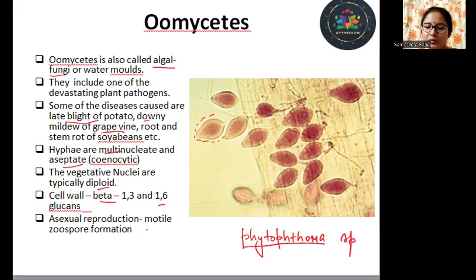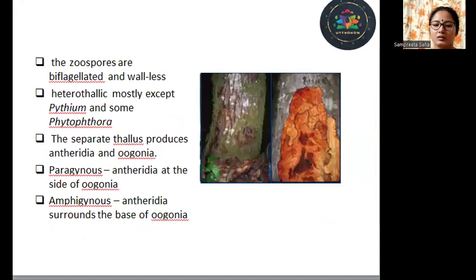Next, asexual reproduction is by the formation of motile zoospores. The zoospores also exhibit a typical characteristic, that is, they are biflagellate. That means bi means two. They have two flagella. One is present at the posterior end, another is present at the anterior end.